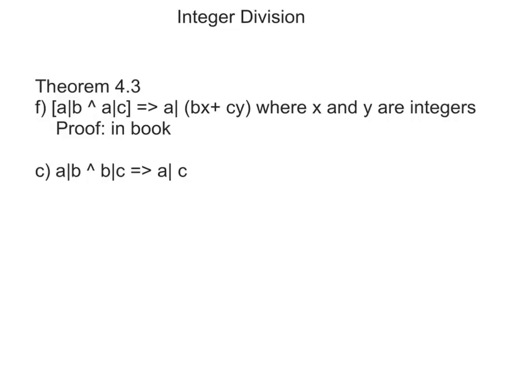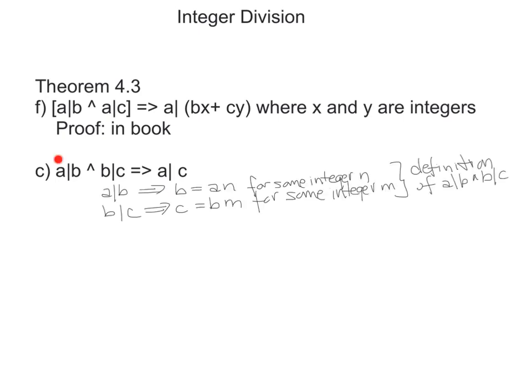To give you an idea of what the proofs of these theorems are and why these theorems are true, I will tell you part F, the linear combination one, where if a divides b and a divides c, then a divides any linear combination of b and c, is proved in your book. Part C, which says if a divides b and b divides c implies a divides c, I will prove for you here.